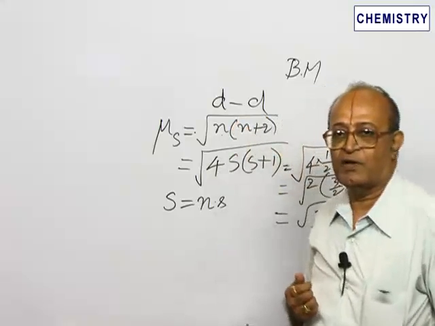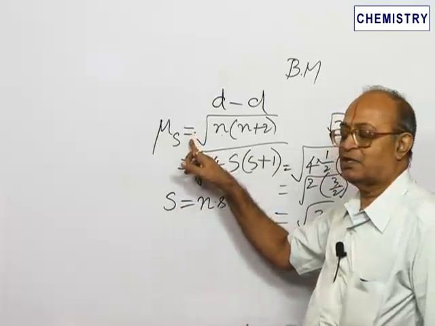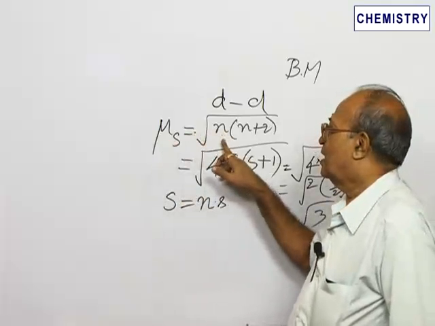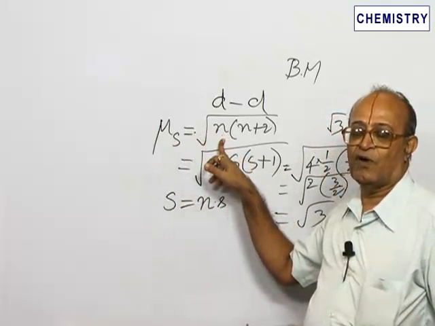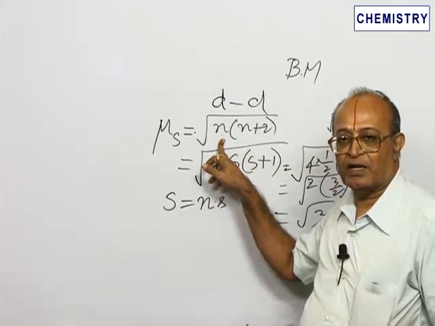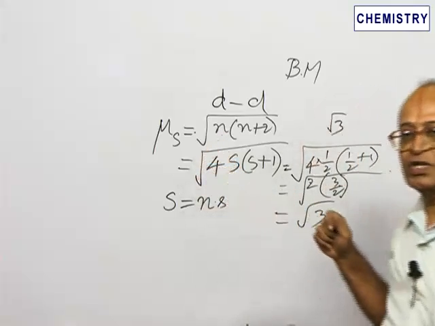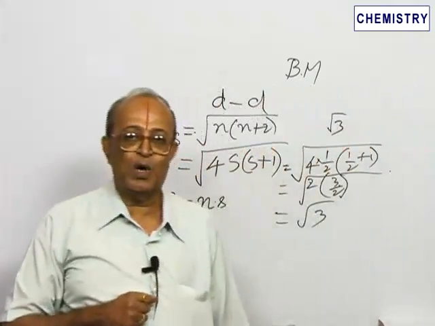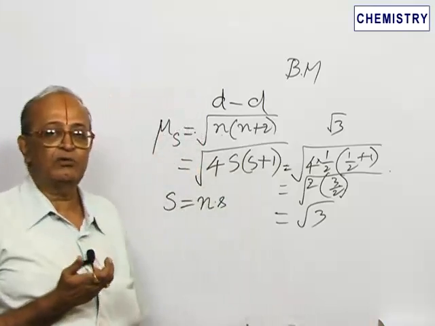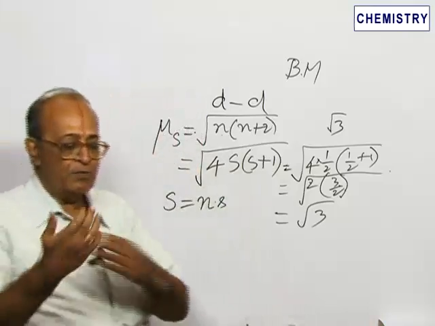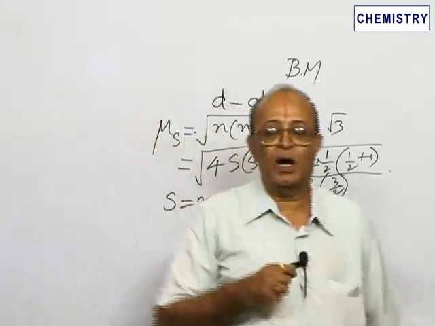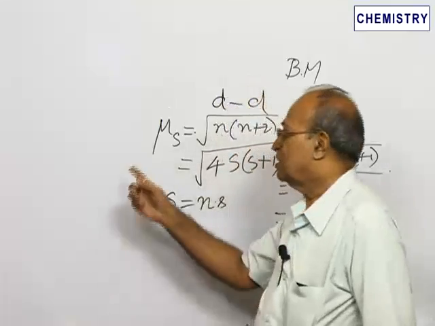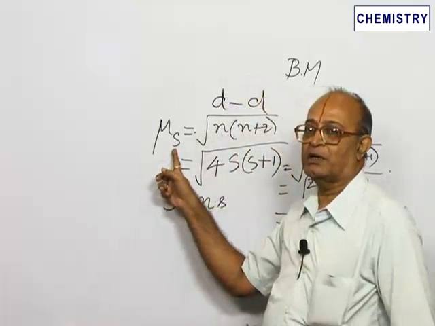Find out the number of unpaired electrons. Now use this equation. Mu s is 1.73 and you can find a value for small n, the number of unpaired electrons, which you can notice will correspond to 1. Small n equal to 1, which will work out to root 3. So problems may be asked. A particular ion is given and you will be asked to calculate the spin only magnetic moment.